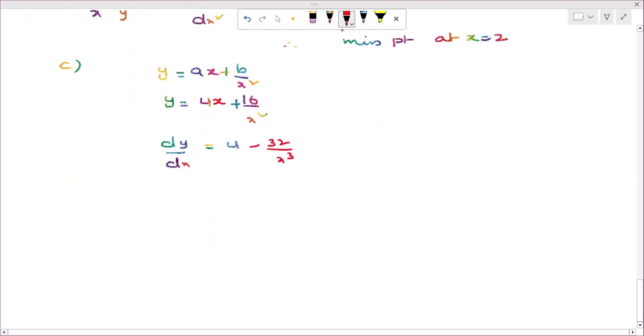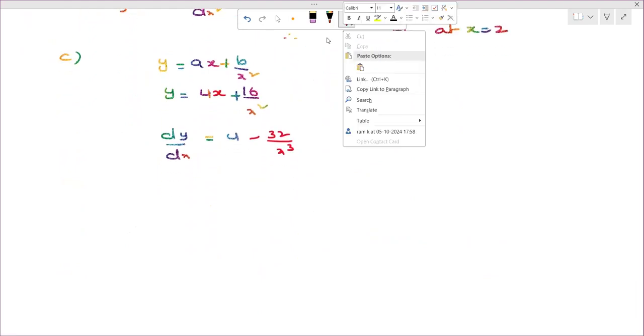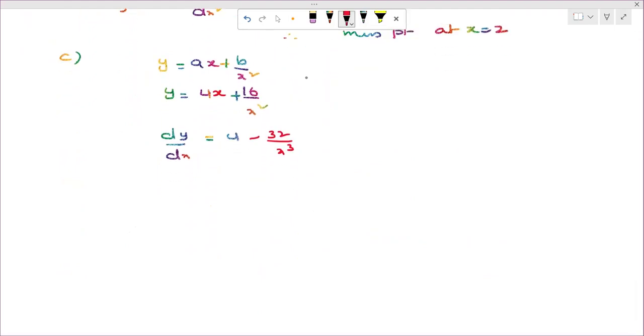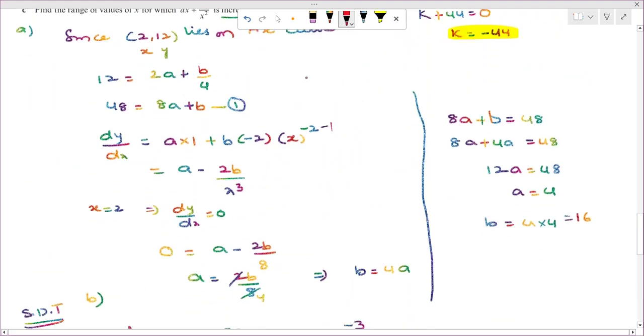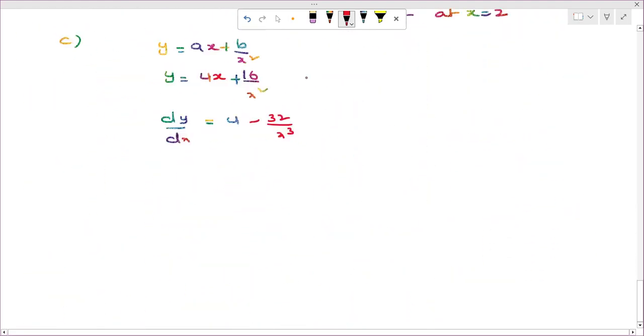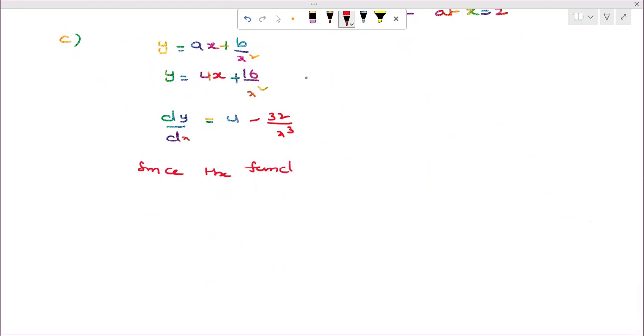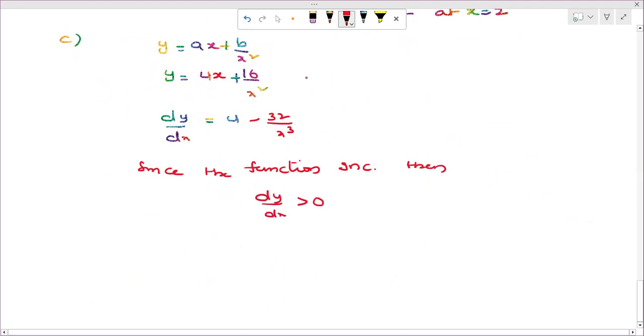So it is given that f of x is an increasing function. Okay? Given that this is an increasing function. So since the function is increasing, then dy by dx should be greater than 0.